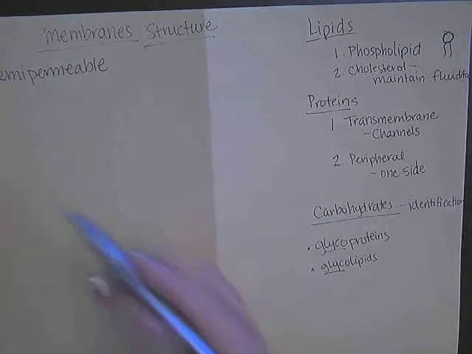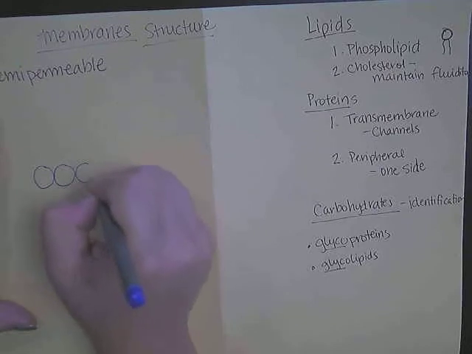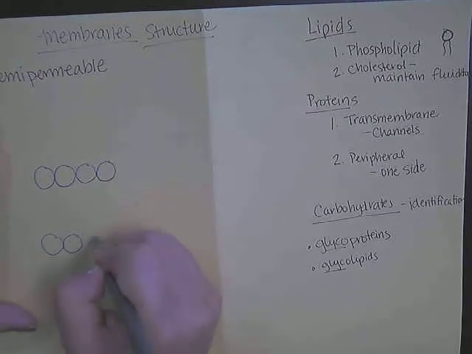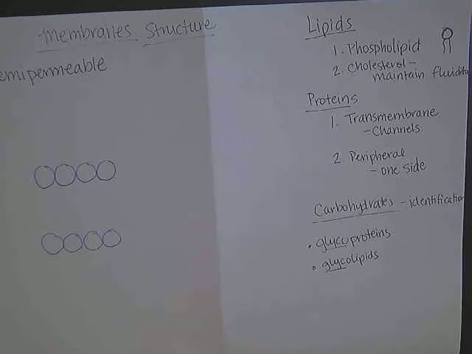So what I'm going to do is I'm going to draw several phospholipid heads. And I'm just doing them in blue to remind you that they are hydrophilic. I'm going to draw several tails. And I'm going to do these in red.